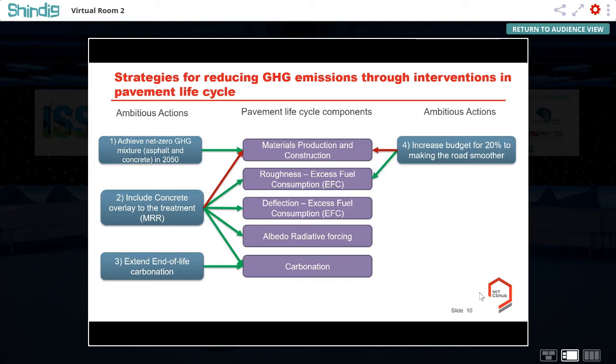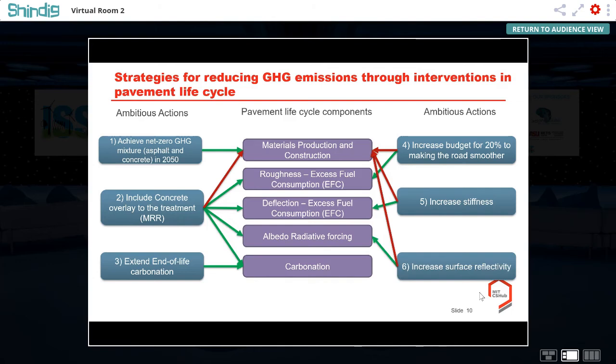Therefore, we have less excess fuel consumption, but on the other side, we will use more materials to do these actions. We have increasing the stiffness of the pavements to reduce the deflection-induced excess fuel consumption, but we have to use some materials such as fibers or change the binder type, which may have a negative effect on the materials production.